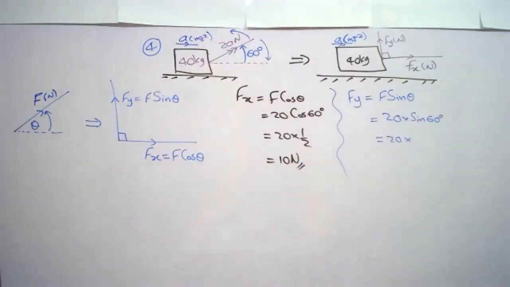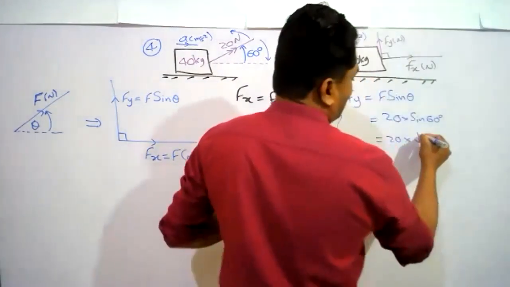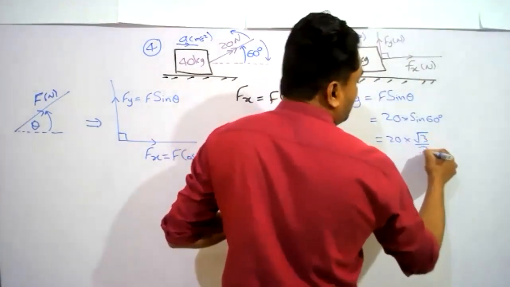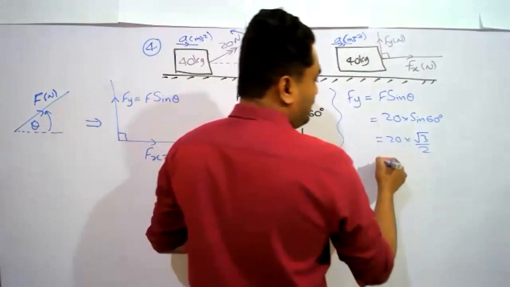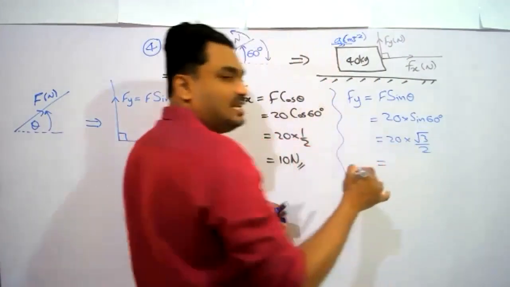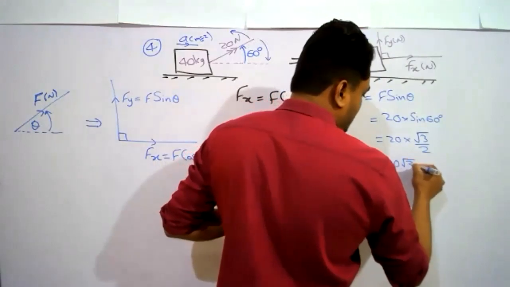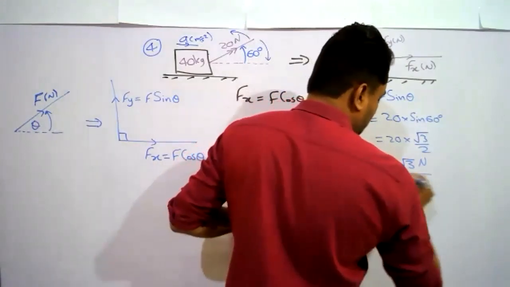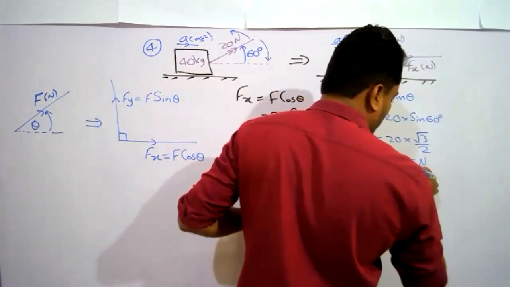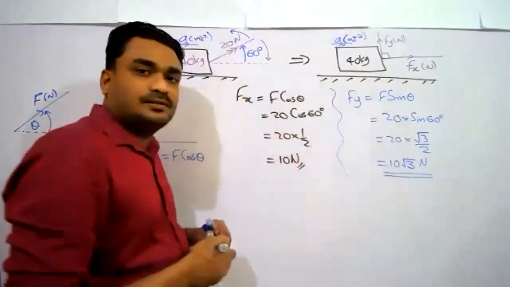Nobody knows? Yes, that is square root 3 over 2. 20 divided by 2 is 10, so 10 root 3 Newton.